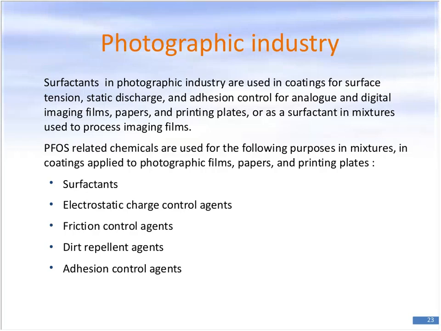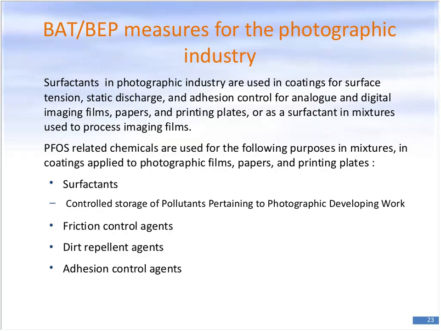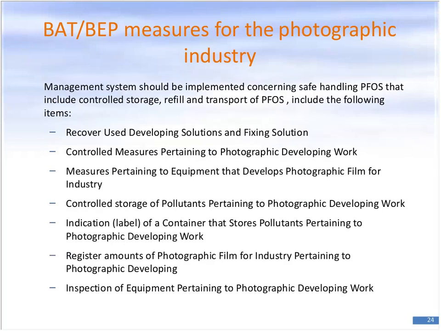PFOS and its related chemicals are used for the purposes described in the slide here, so as surfactants, as friction control agents, dirt repellent agents, among others. Here you also have some measures for the photographic industry that can be things to consider when planning if you have these sectors within your country.